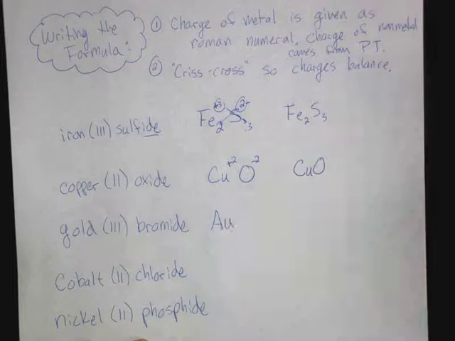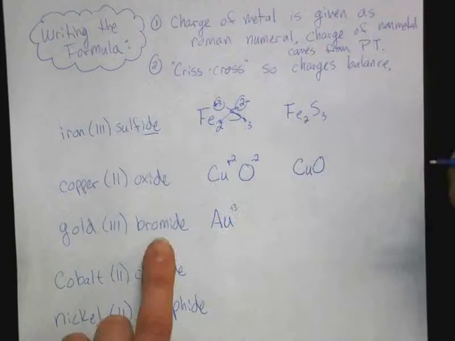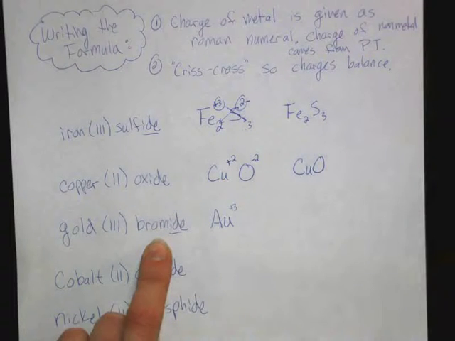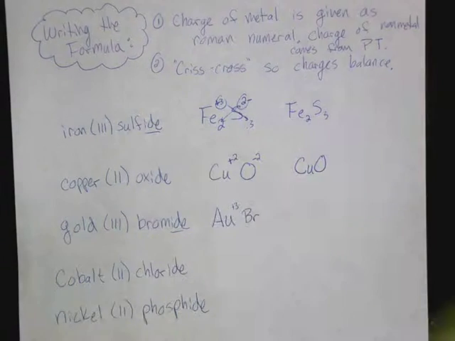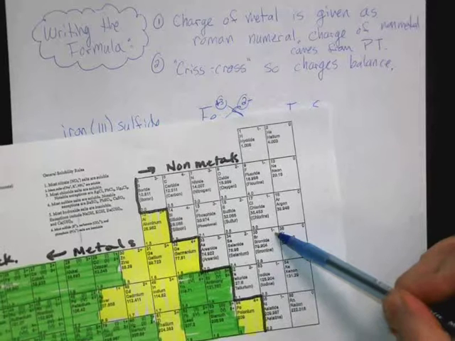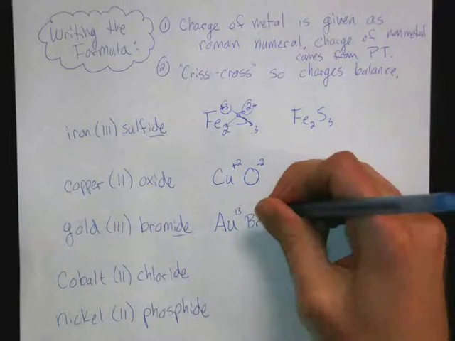Gold 3 bromide. Gold is abbreviated Au. The 3 tells us the charge. Bromide, the IDE ending, it's referring to bromine, which is Br. And if I find bromine over here, it has a 1 minus charge.